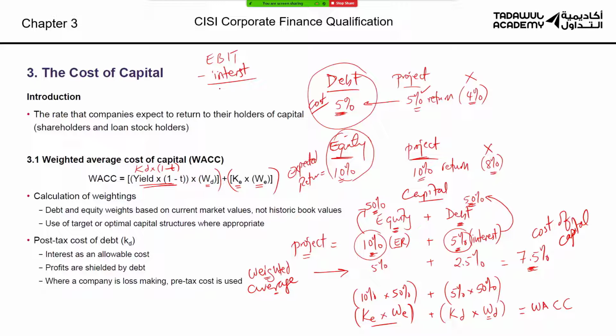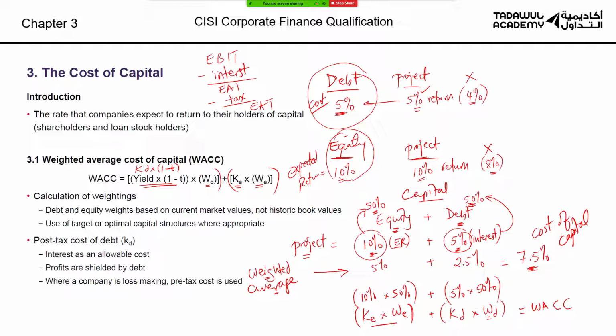And then this gives you the earnings after interest, and then you deduct tax, and then you get the earnings after tax. So interest is something that is deductible. That means you can save tax on it.